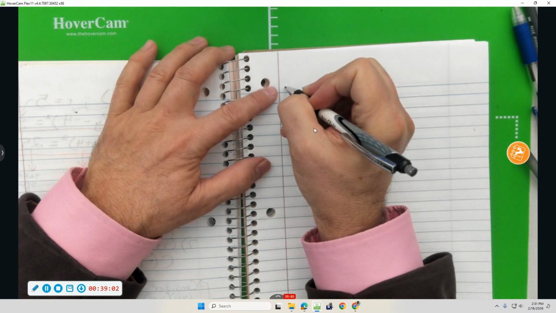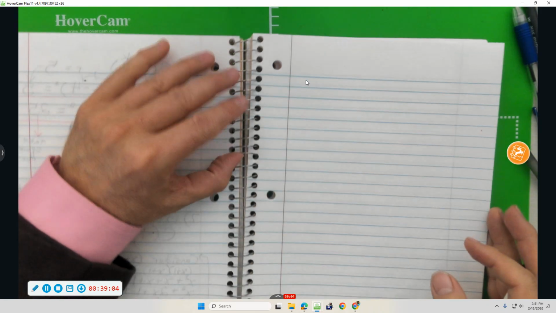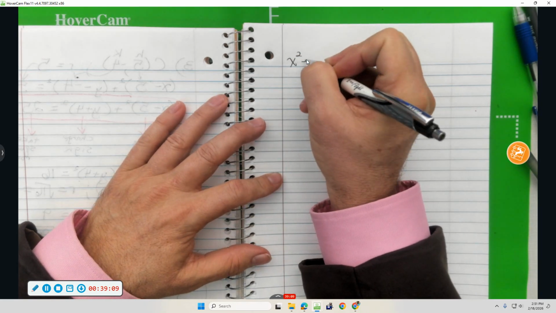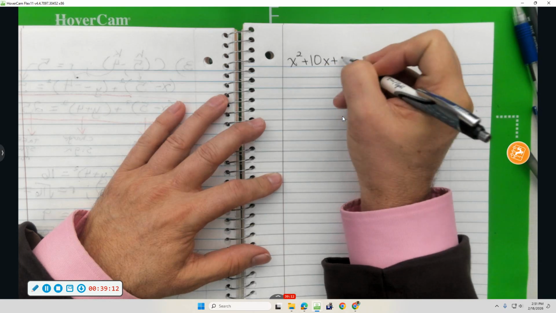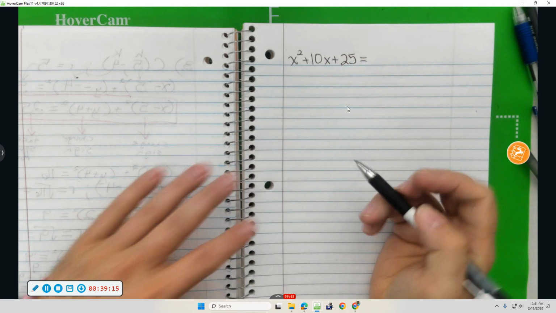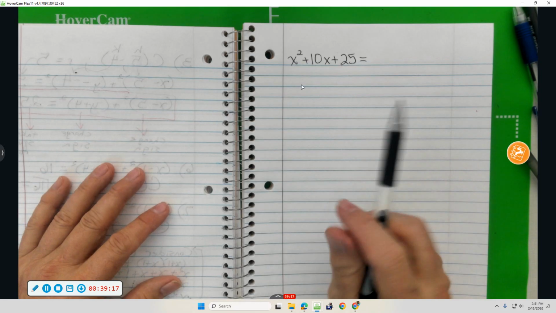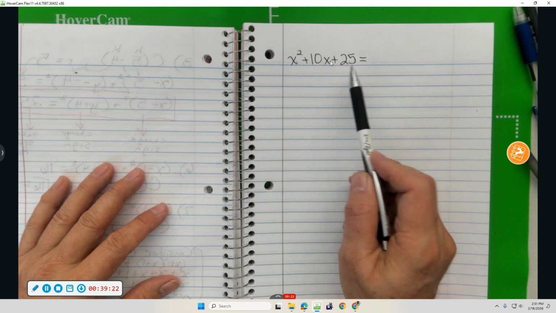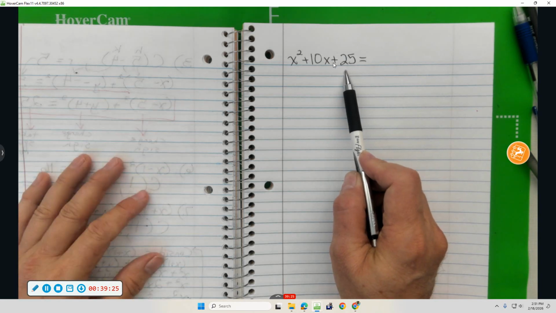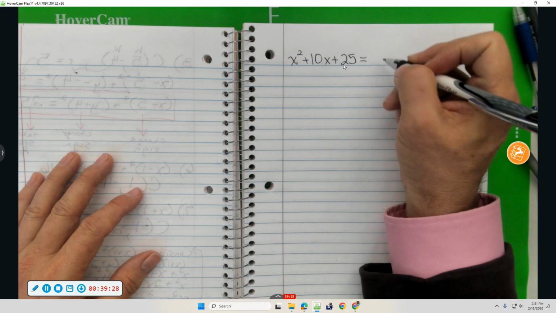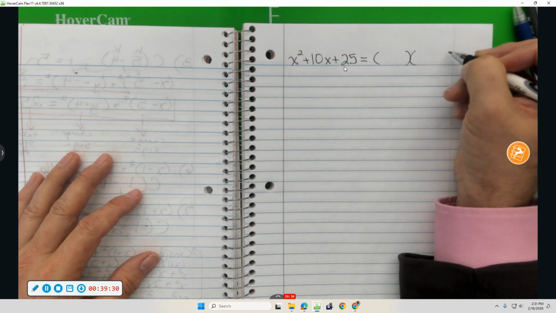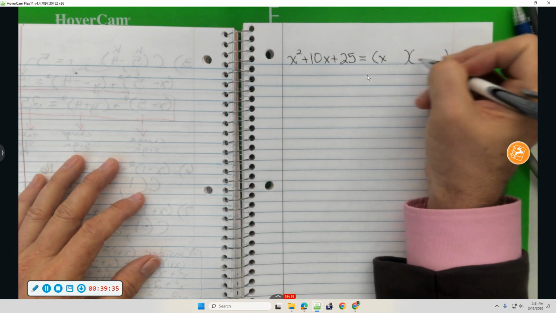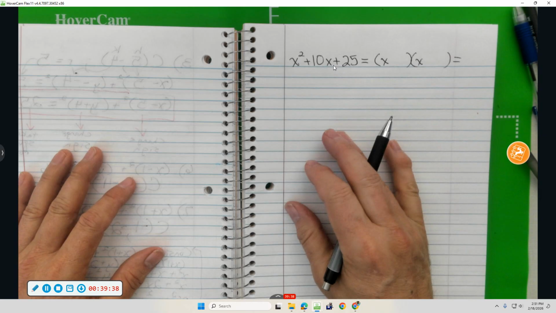In order to do that, you need to notice some patterns regarding perfect square trinomials. Here's an example of a perfect square trinomial. So we're going to review a little factoring right now. Let's say x squared plus 10x plus 25. I claim that's a perfect square trinomial. Now, to be a perfect square trinomial, that last number there must be a perfect square. We could factor this by trial and error: x squared would be x times x. What signs would we have?